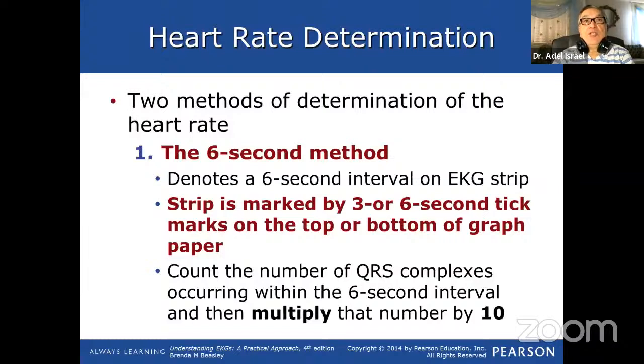And we mentioned also that we have to count how many R waves or QRS complexes there are, because QRS represents the ventricle, and we make it a shortcut and say it is only R. So we count how many R waves are in 6 seconds, then we multiply by 10, and this gives us the heart rate in a full minute.